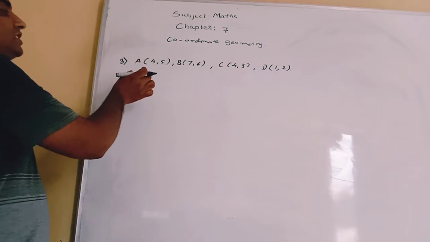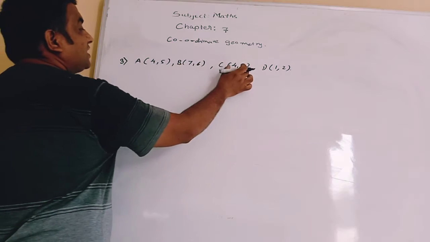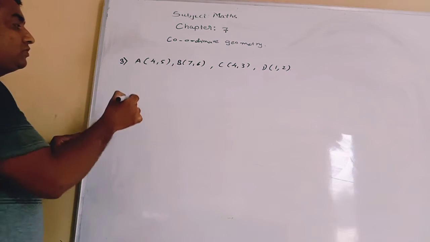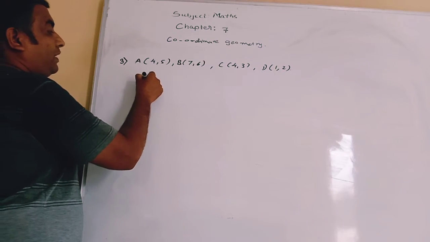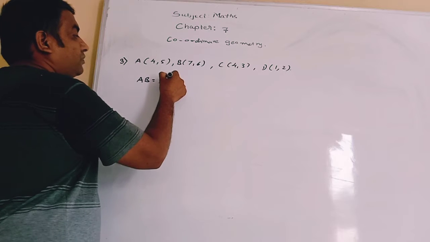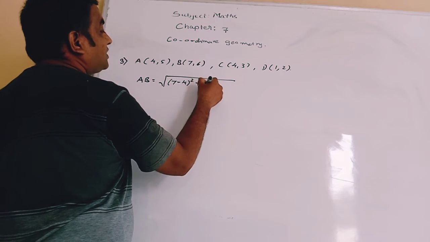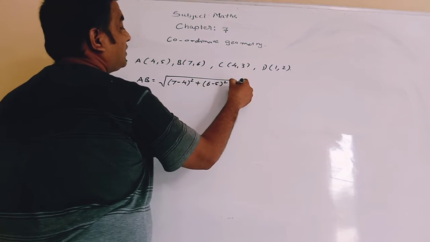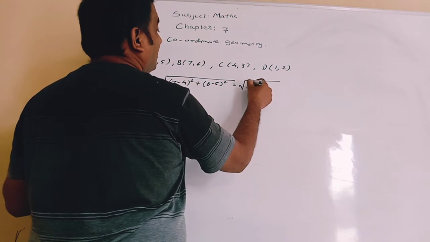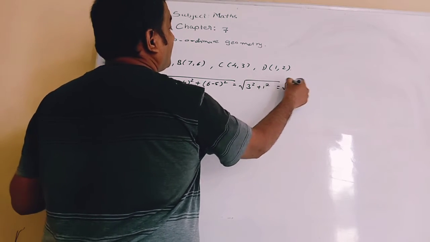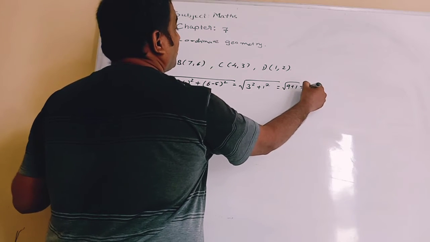Now third question is given A (4, 5), B (7, 6), C (4, 3), D (1, 2). So we calculate AB. (7 - 4) square plus (6 - 5) square, that is 3 square plus 1 square, 9 plus 1, root 10.